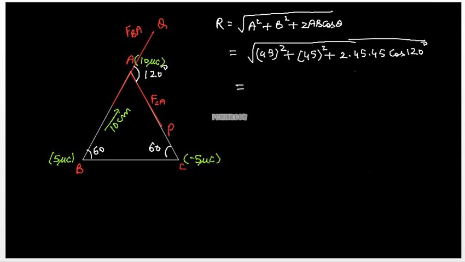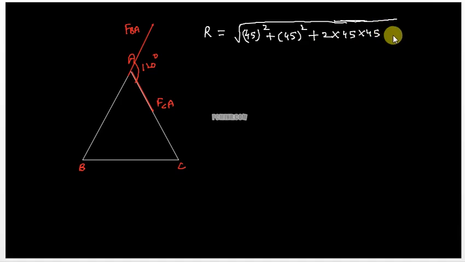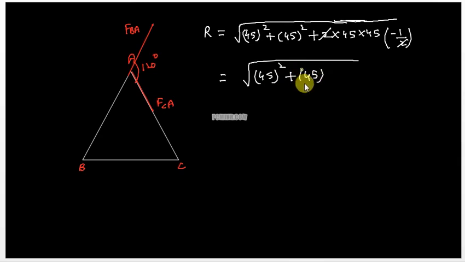Now we just substitute the value of cos 120 to be minus 1 by 2, and now this 2 would cancel out. So you are left with square root of 45 square plus another 45 square, and the third one is minus 45 square because this minus sign will get multiplied and you get 45 into 45 is 45 square.